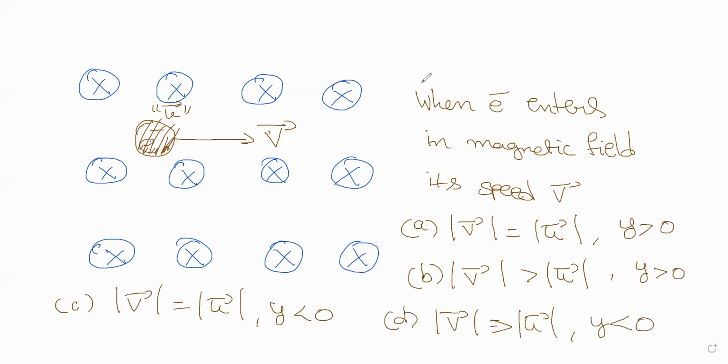There is one important point I forgot. Anyway, I'll mention that now. When a charged particle enters a uniform magnetic field, its speed will not change. That is the first foremost point. So you have to check the options where v bar equals u bar. These are two options.